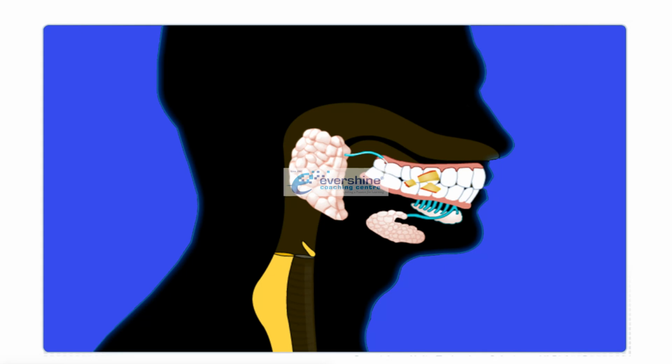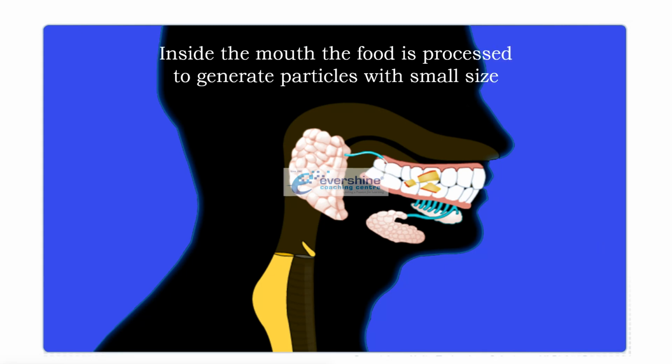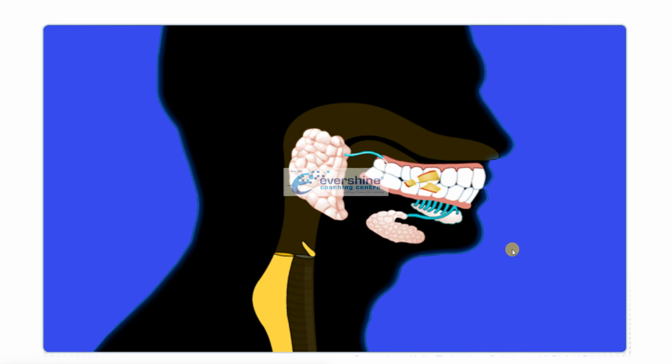Inside the mouth, the food is processed into particles of smaller size with the help of the teeth. These teeth help to crush the food into smaller pieces. Then he starts chewing, using the tongue and the salivary glands.